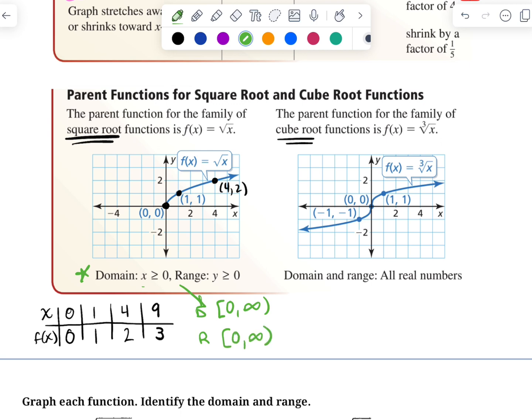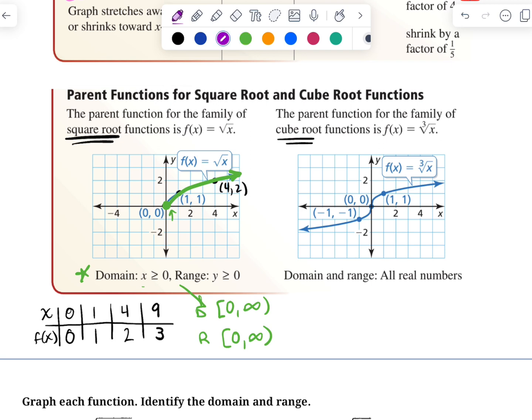That's because we're starting at 0 and we're moving to the right in our graph. If that initial point shifts up, down, left, or right, that will affect the (0, 0) starting point of our domain and range. And if it reflects, it will entirely change our domain and range. So just keep in mind that's the domain and range of the parent function, and it will always be restricted in some way, shape, or form.